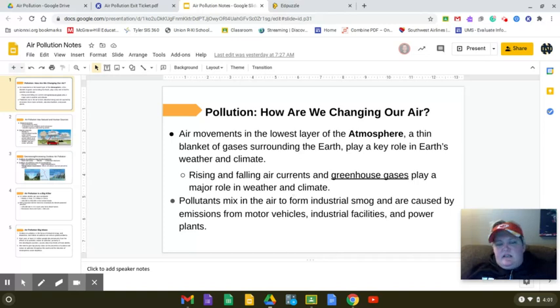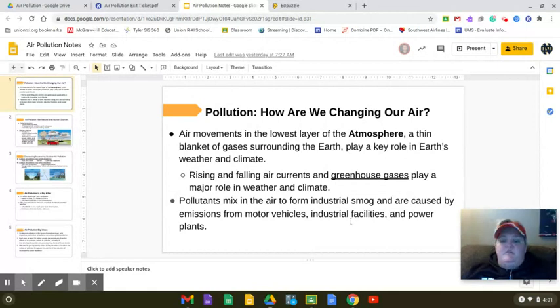Rising and falling air currents and greenhouse gases play a major role in weather and climate. The main greenhouse gas we're going to focus on is carbon dioxide, but there are a few others: nitrogen, hydrogen, even oxygen, that play a part in that. Pollutants mix in the air to form industrial smog. Smog is when smoke and fog mix together, with smoke coming from things like factories and cars.